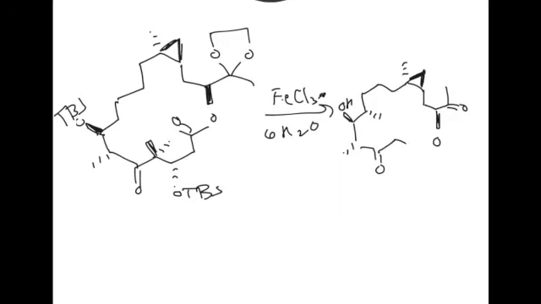So instead of using sulfuric acid or something like that, they used iron. So all you really need to do for an acetal, right, is you need to have something.